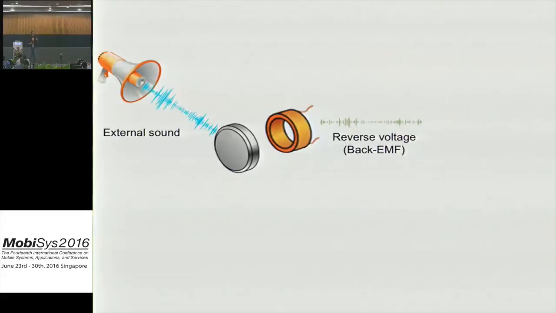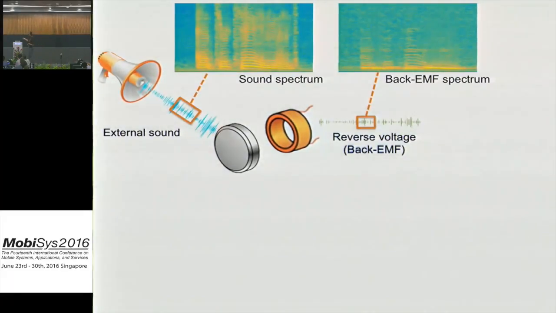As we started looking into this, we realized, whoa, the vibration motor actually responds to people talking around it. And if you can do something with that signal, you might be able to decode what is being said around the vibration motor.